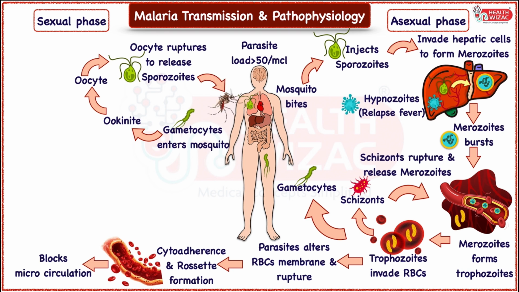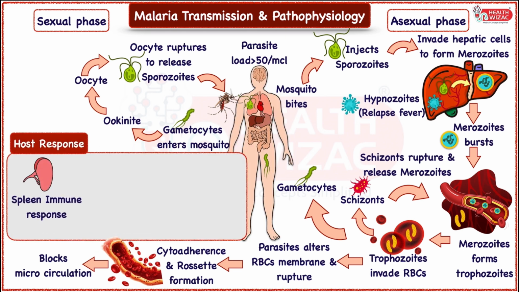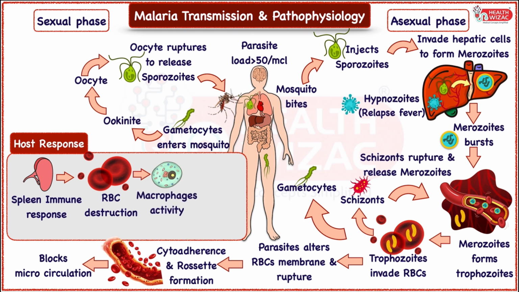As soon as the parasite invades the host, the immune system gets activated, which increases the splenic immunological and filtrative processes. This starts destroying both infected and non-infected RBCs, and the released material activates the macrophages and monocytes to clear up the debris.